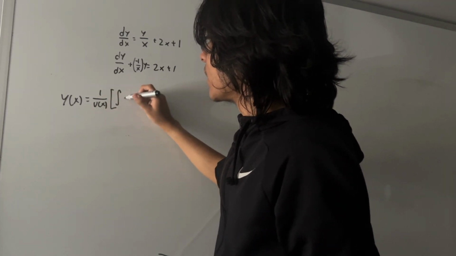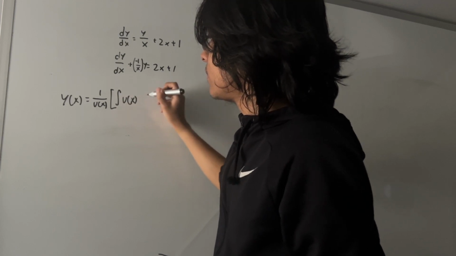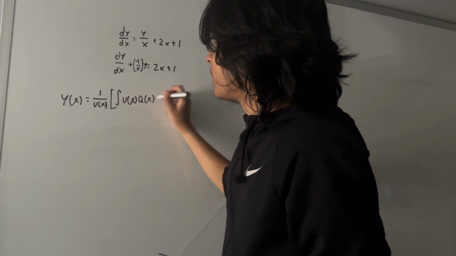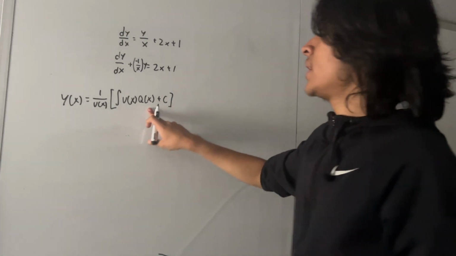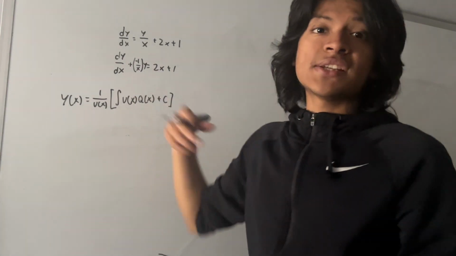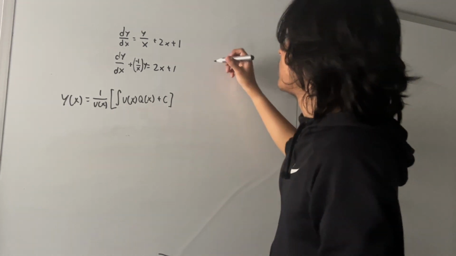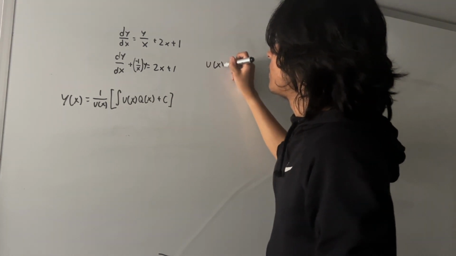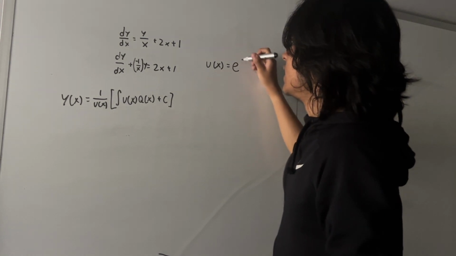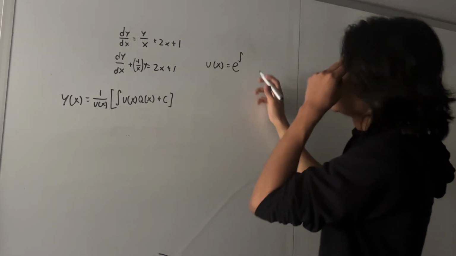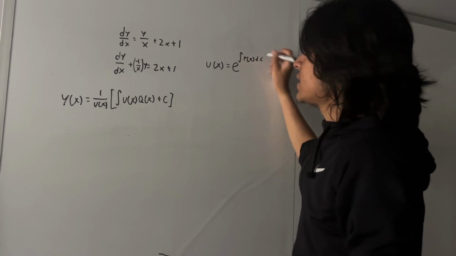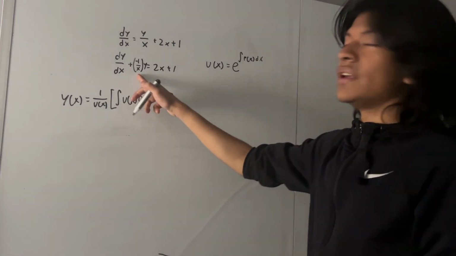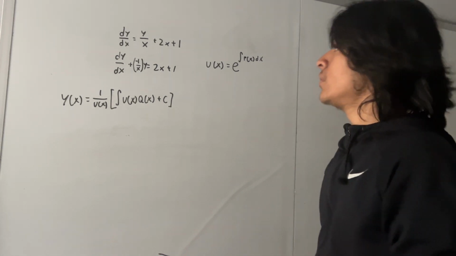So I'm just going to write out this part. So we know our q of x. And because we know our p of x, we could solve for our u of x. So our u of x is e to the power of the integral of p of x dx. And our p of x in this case is -1 over x.